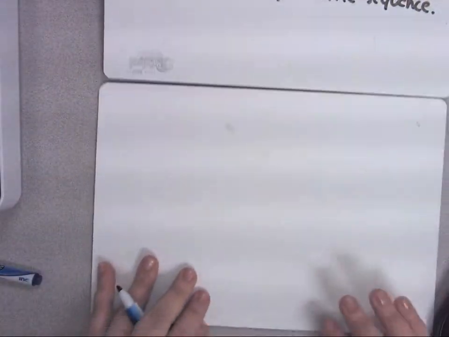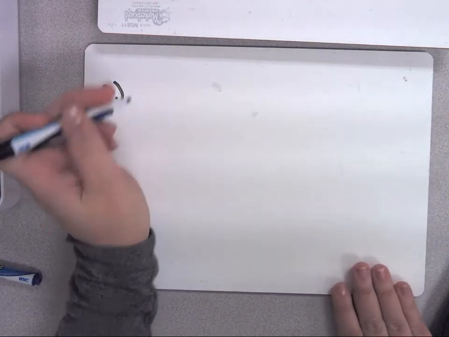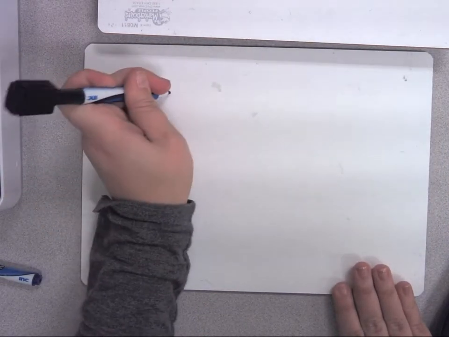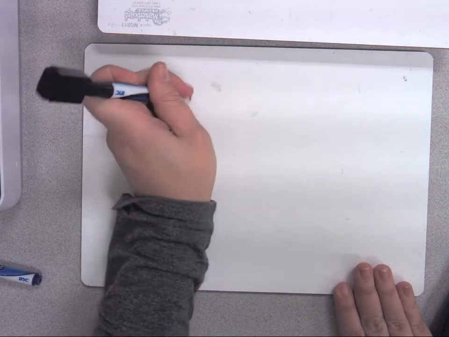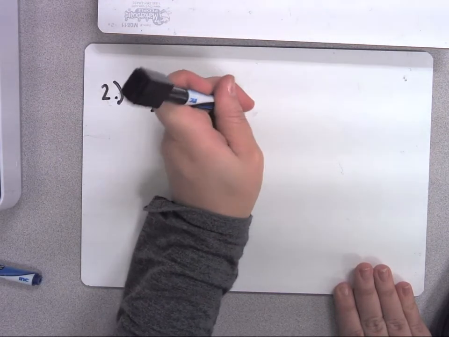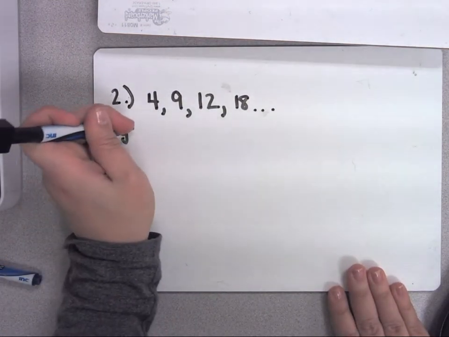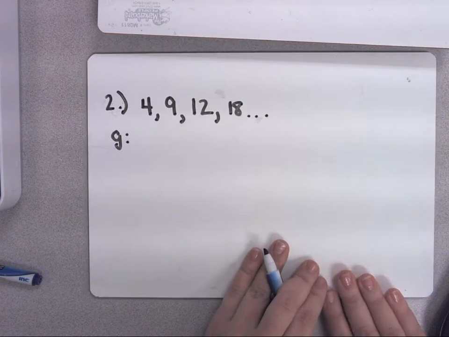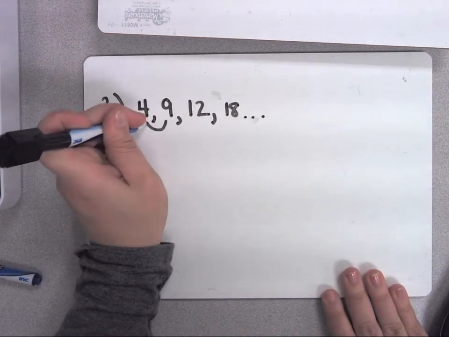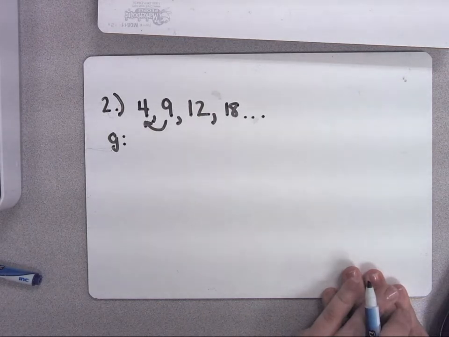Okay, how about this one? 4, 9, 12, 18, dot dot dot. I always try geometric first because that's our new one. So divide them: 9 divided by 4, second divided by first.